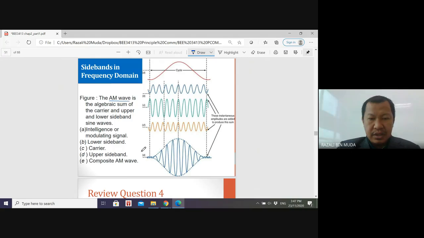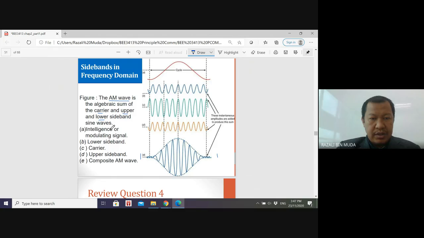So here in this signal you have the sum of the carrier signal and the upper and lower signals of the sine wave.